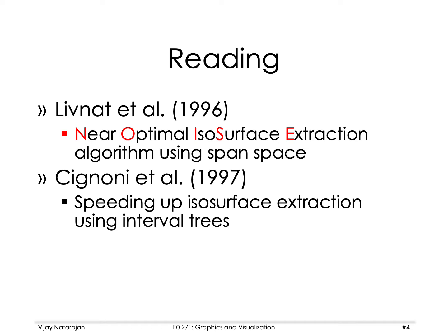The reading for the cell search methods are this paper by Livnat called NOISE and a paper by Cignoni et al. Both papers are already uploaded onto the class notebook. We will now look at the domain search methods and this specific range search method called NOISE.